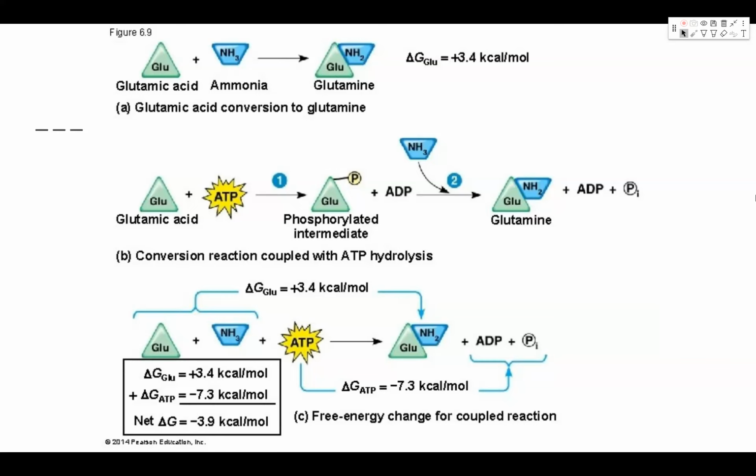This will give us that phosphorylated intermediate. We're going to take one of those phosphates off of ATP and add it to the glutamic acid. So now we've got this glutamic acid with that phosphate group on it. This is going to be our phosphorylated intermediate.